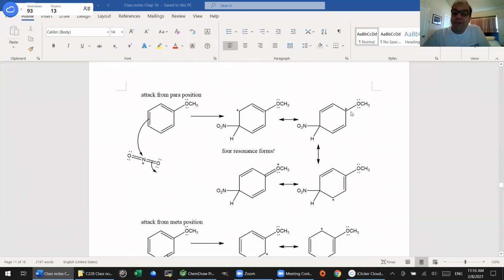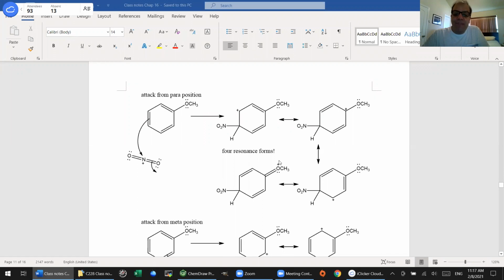where we can certainly put the plus charge right next to the electron-rich atom. And in the cases where that atom also has non-bonding electrons, we can even use a non-bonding electron pair to stabilize that plus charge further by sharing it not only amongst those 3 carbon atoms, but also on that heteroatom.